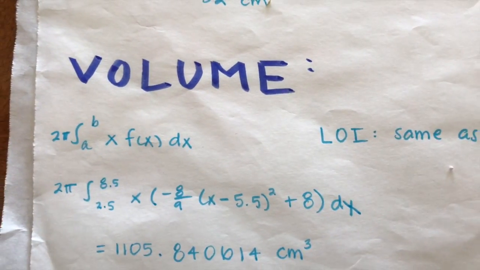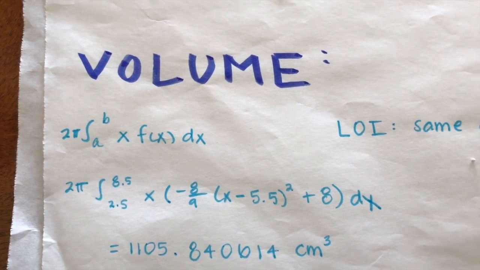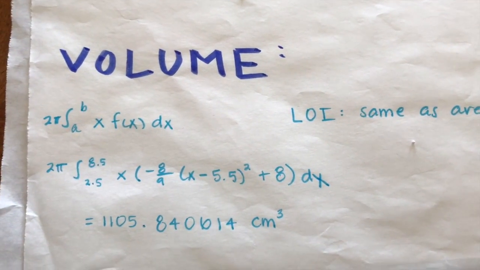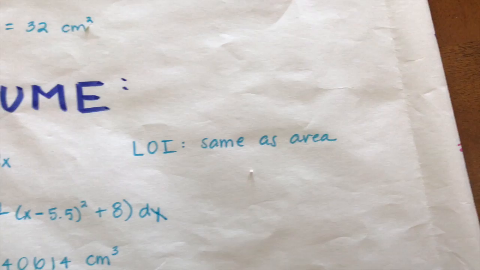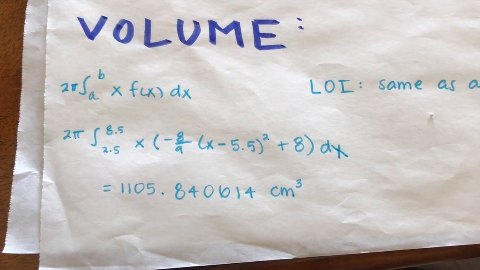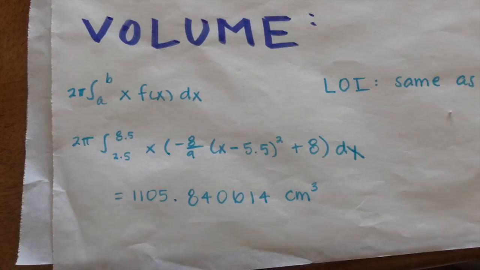For our volume, we do the same thing, but instead we multiply the f of x equation by x, and we multiply the whole integral by 2 pi. So we use the same limits of integration, and you plug the equation into the calculator, and that will give you 1,105.840614 centimeters cubed.